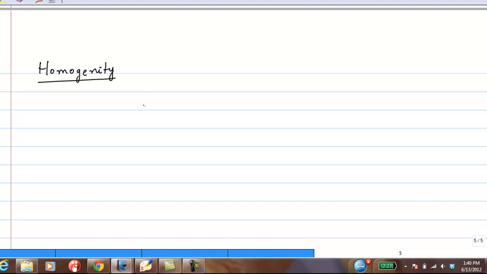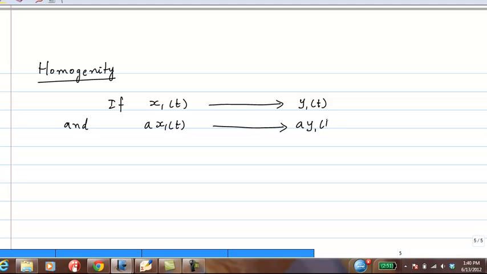Or what I mean is, if the input x1 of t produces y1 of t, and a times x1 of t, where a is just some constant, produces a times y1 of t. And this has to be true for all x1 and all a, all constants a and input signals x1 of t. Then we say that the system is homogeneous.